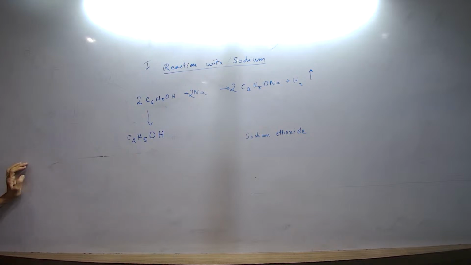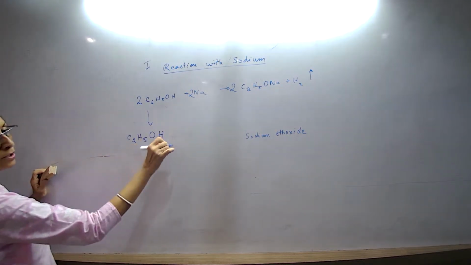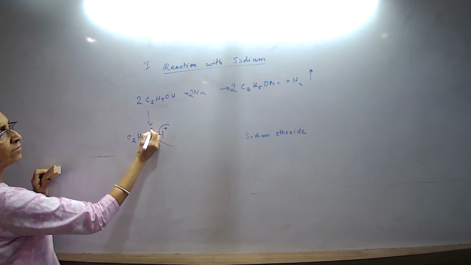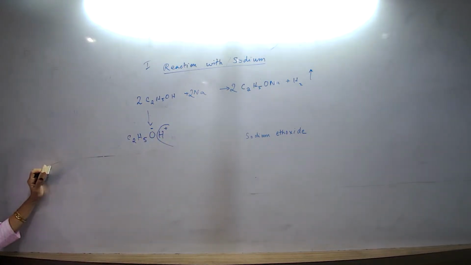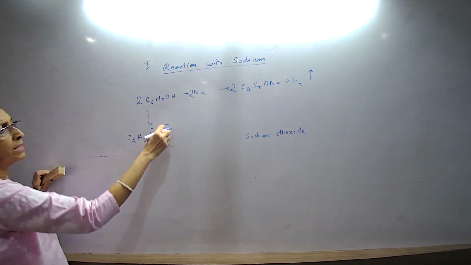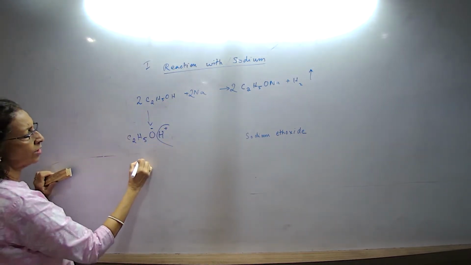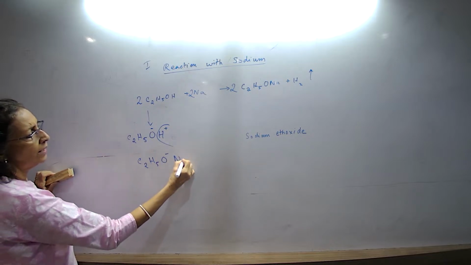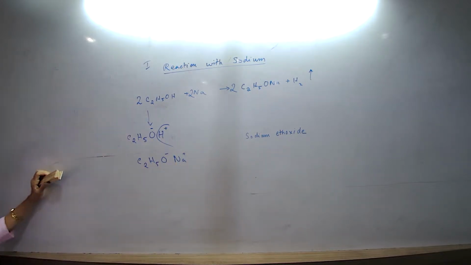Now I said that H part of it is released. If this is H which is released, obviously this will be O minus. And the sodium which is coming here, that has to be obviously Na plus. So it is C2H5O negative and this Na plus is coming. Do you understand?